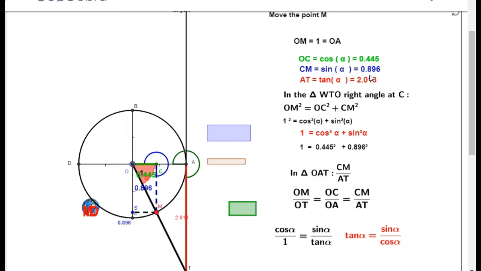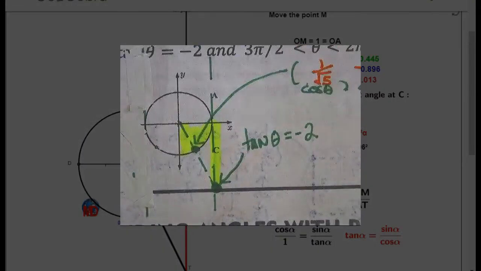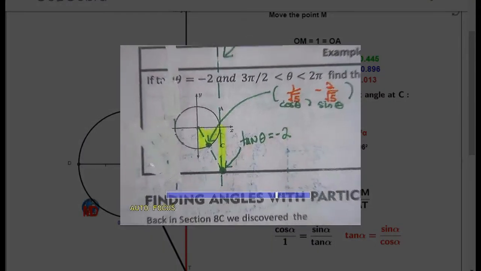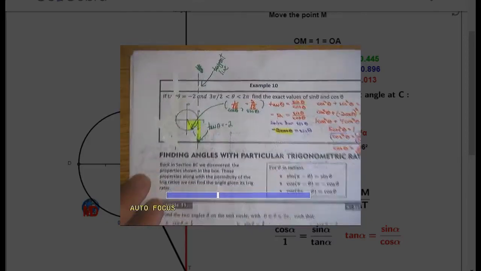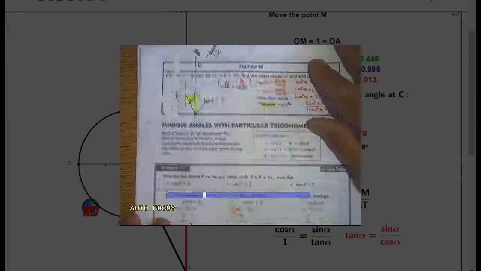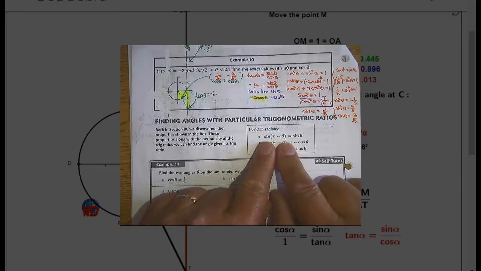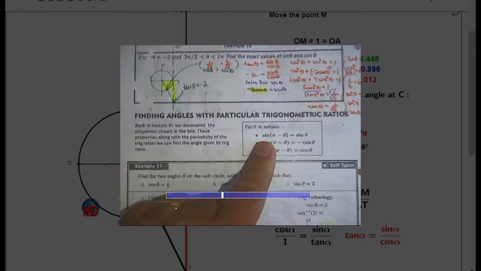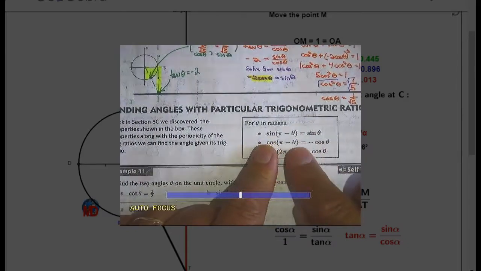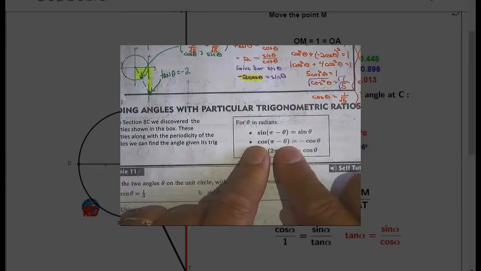All right. So now the next part here. The other day we noticed these patterns when we were working with the different values.